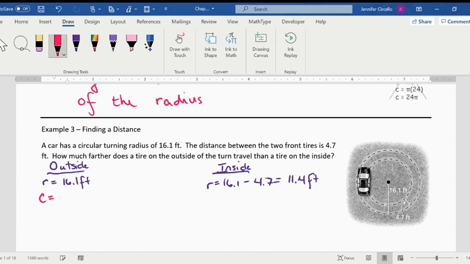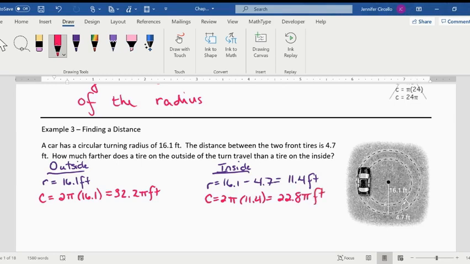This one is 2 times pi times 16.1, which is 32.2 pi feet. And the other one, we will get 2 times pi times 11.4, which is 22.8 pi feet.